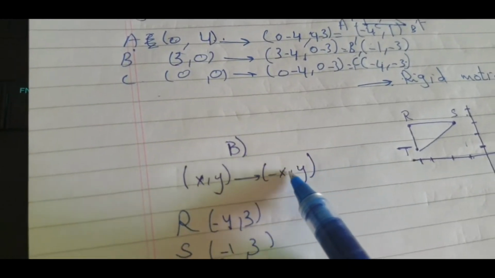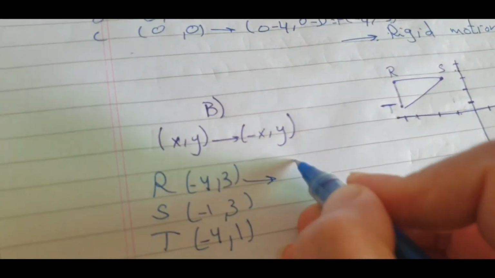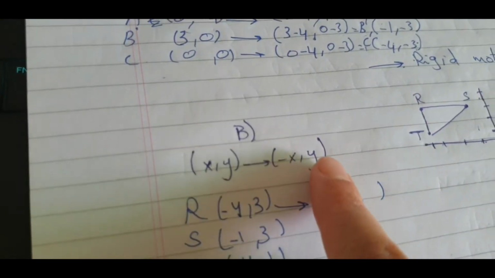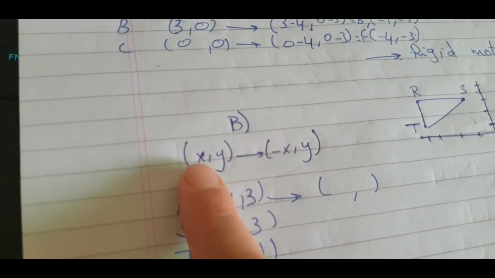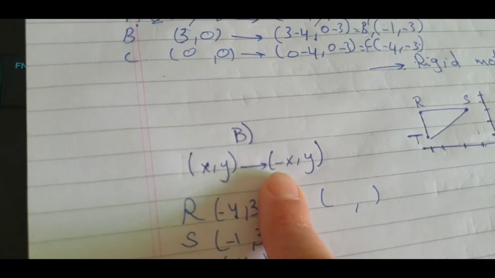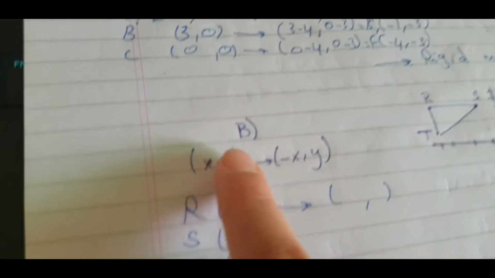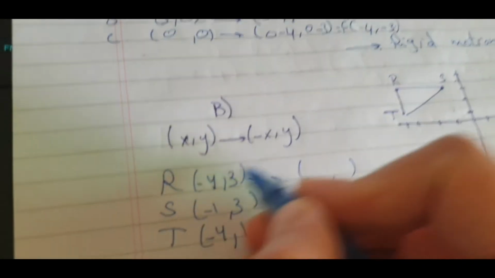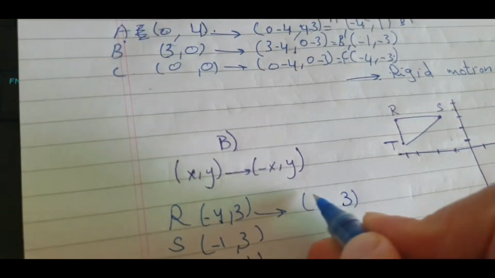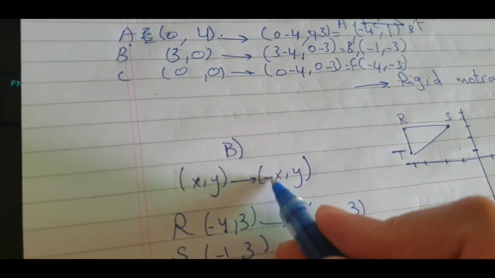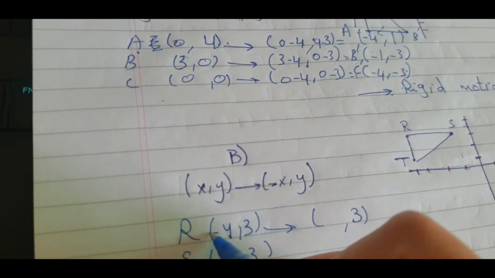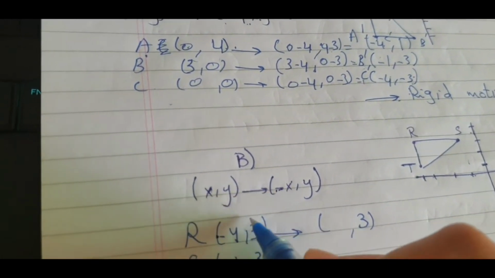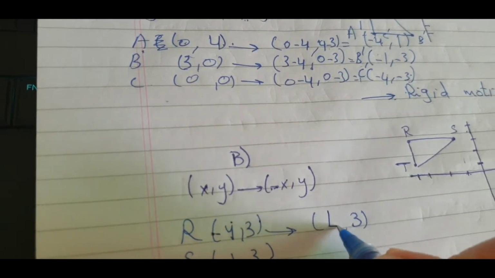Let's apply this transformation on it. This transformation is saying what? That y will remain y as it is, but x I will put a negative sign. Or in other words, just put a negative sign. So let's put a negative sign. If a y will become as it is. So 3 will remain 3. Let's put a negative. -4, so it will become a 4.